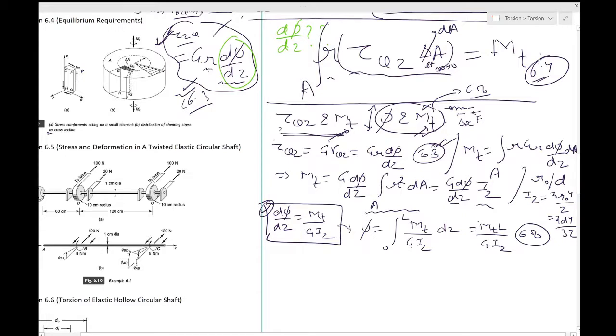So tau theta z is equal to G r dφ/dz, which is Mt by GIz, and this would imply that tau theta z is equal to Mt r by Iz.